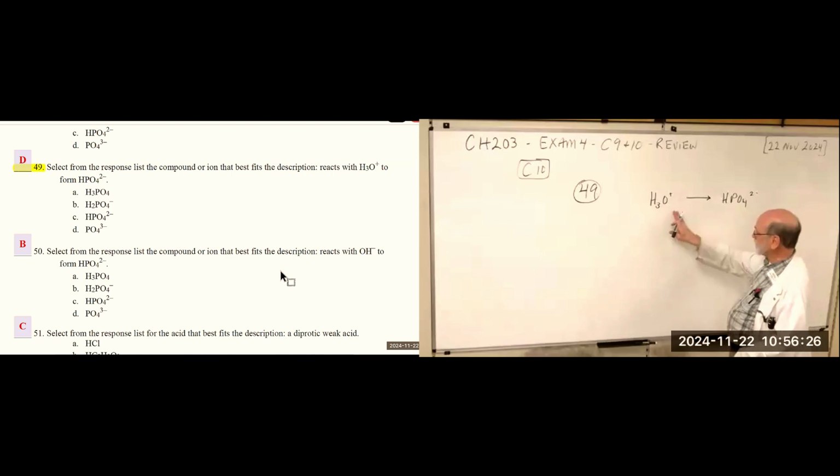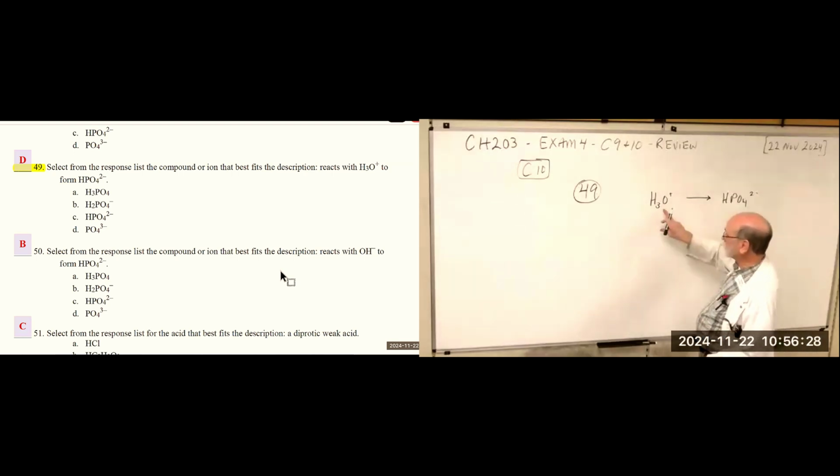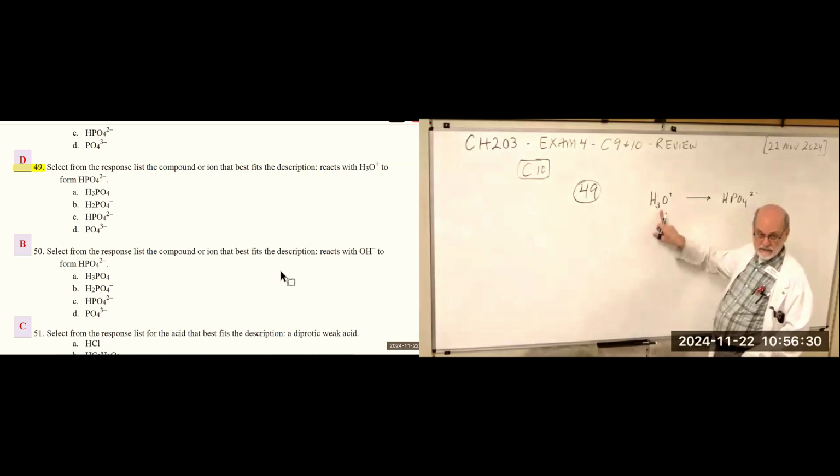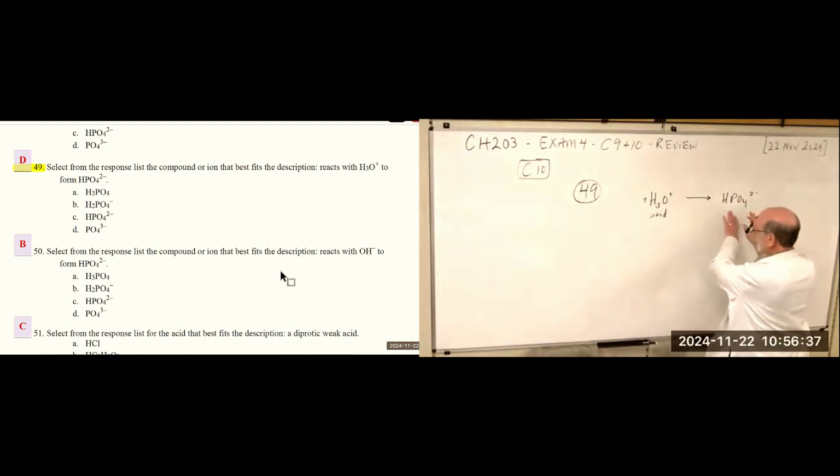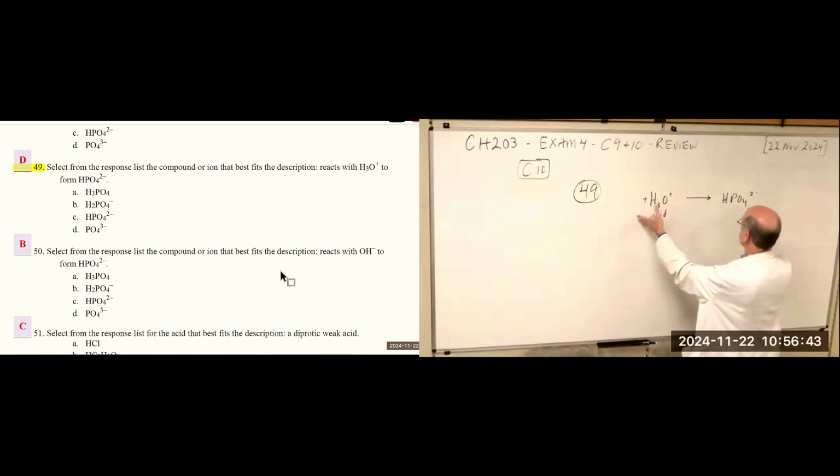Right? If this reacts with something to give that, this one's not going to pick up another hydrogen. It has to give it up. So we know this one's going to be the acid. That means we need the conjugate base of this one. That means what will accept a proton to make that?